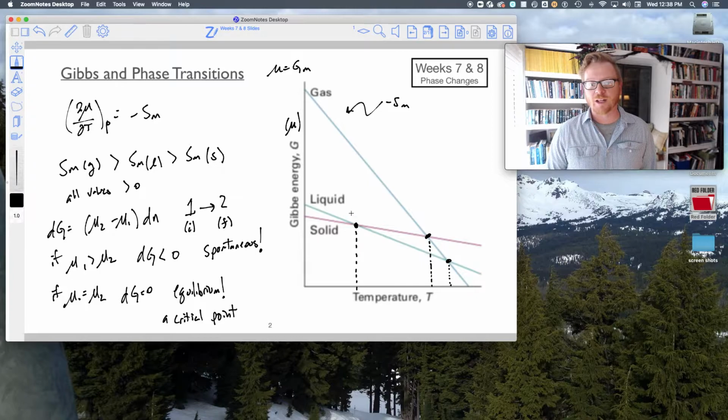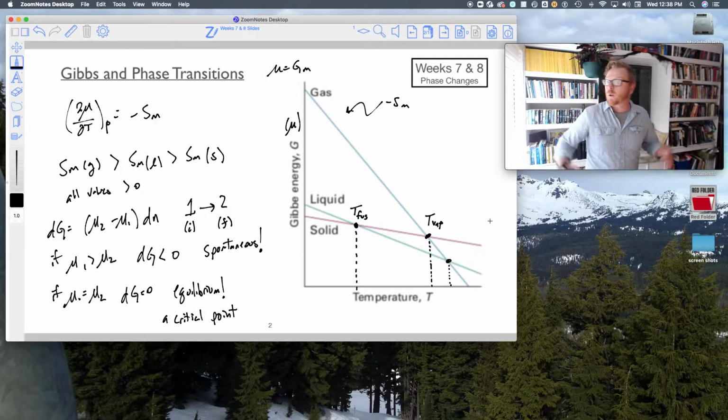This point here where the liquid and solid line cross, with respect to temperature, I'm going to call that T fusion. So in other words, that's the melting temperature. Beautiful. What about this line where the gas and the liquid cross? Well, that's called T vaporization or T boiling.